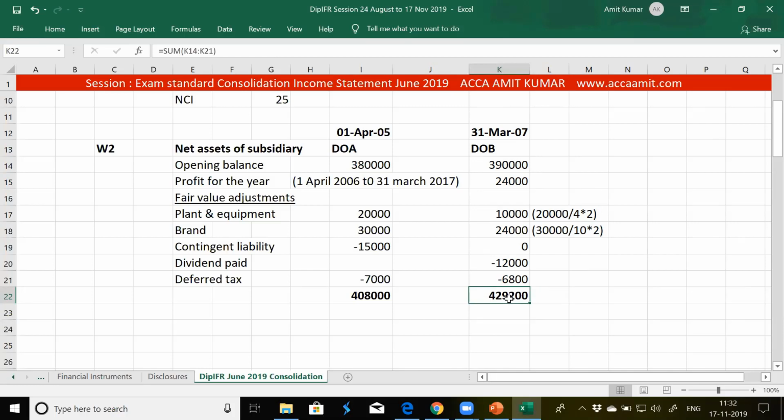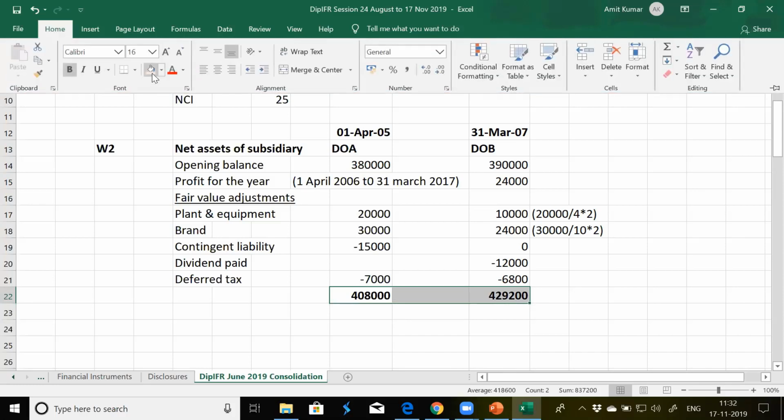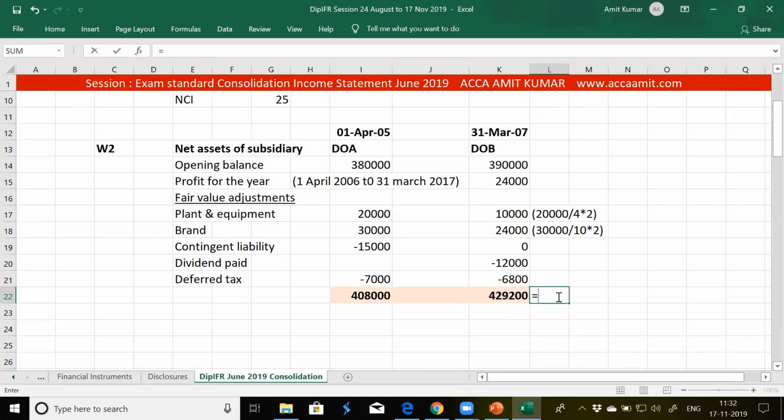This is 429,200, the consolidated balance to be included. So total increase in earnings. Though this is not relevant from an exam point of view, this is the total increase in earnings from date of acquisition till the date of balance sheet. We'll need this information for NCI valuation.